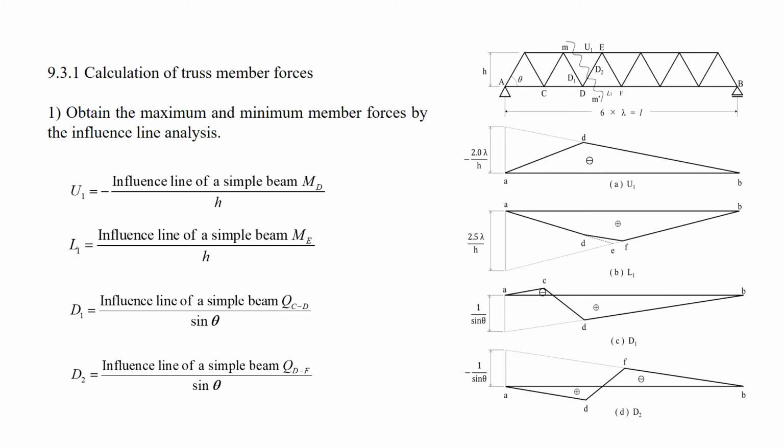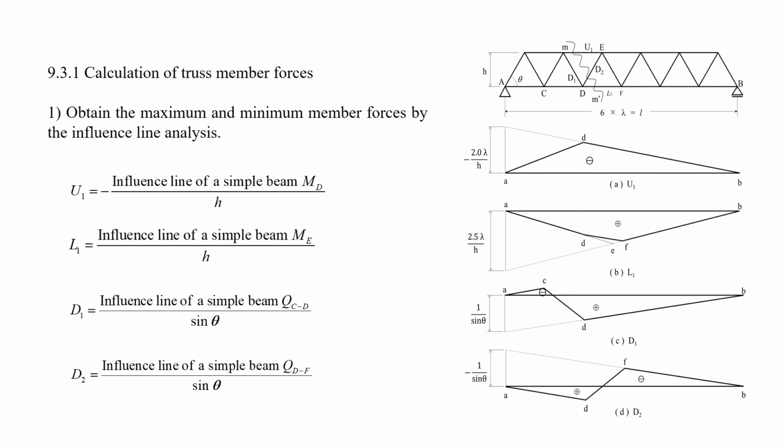9.3.1 Calculation of truss member forces. First, the maximum and minimum member forces due to the design load must be obtained to verify the safety of cross-sections. The influence line analysis is commonly applied for this purpose.